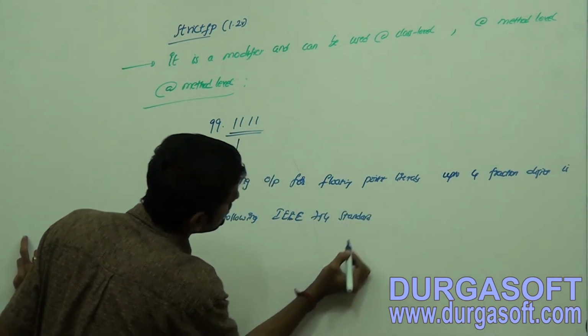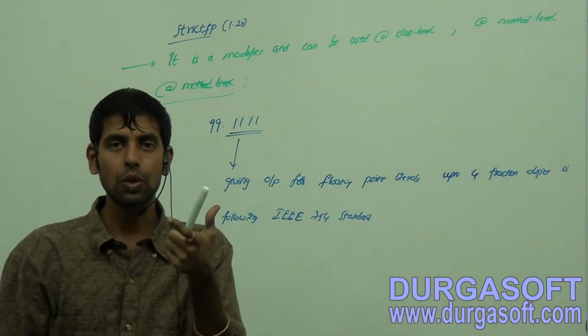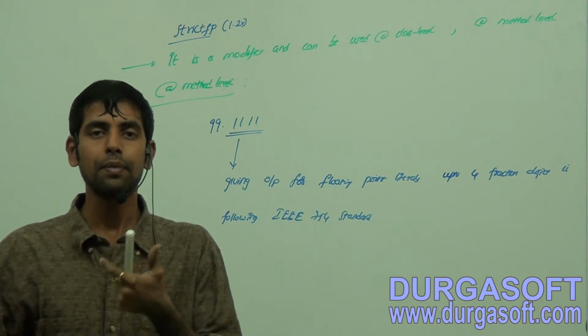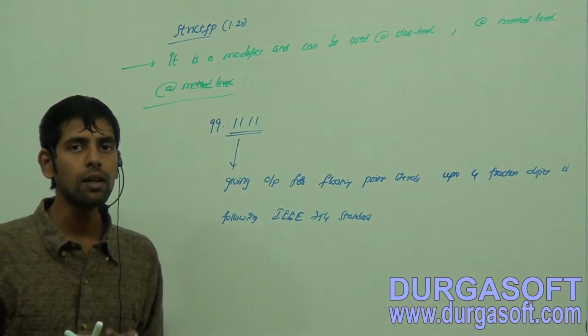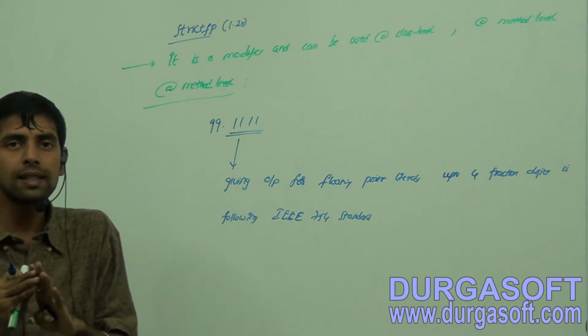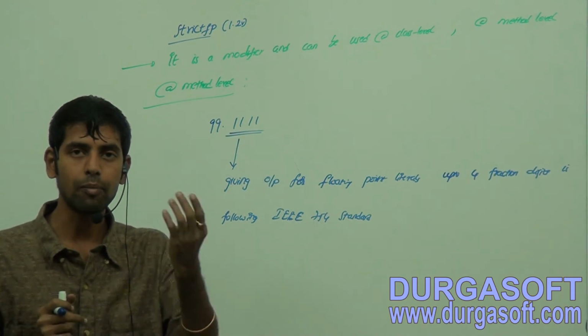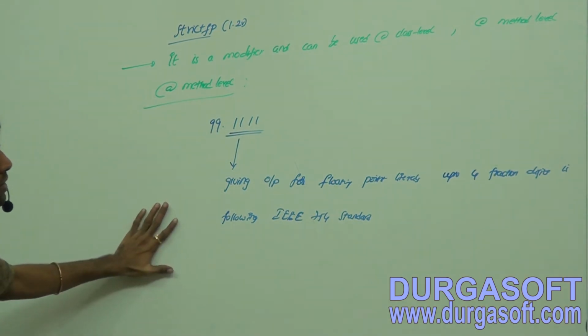That's it. If you want a particular method implementation to give a floating point literal with fraction digits up to 4, then you should go for the strictfp modifier. It doesn't have any internal implementation. Please try to focus.